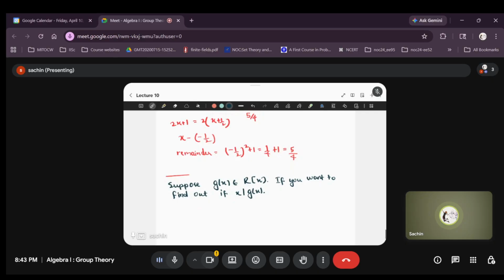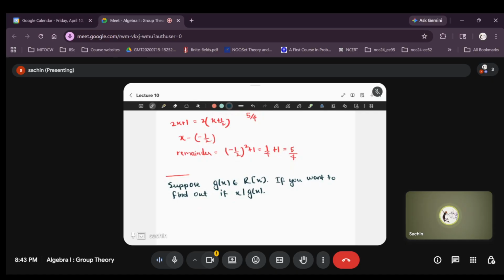If x divides g of x, then when you divide by x, you must get 0 as the remainder. But x is also equal to x minus 0. So alpha is 0. The remainder, when you divide g of x by x minus 0, is g of 0. But if x divides g of x, that remainder must be equal to 0.